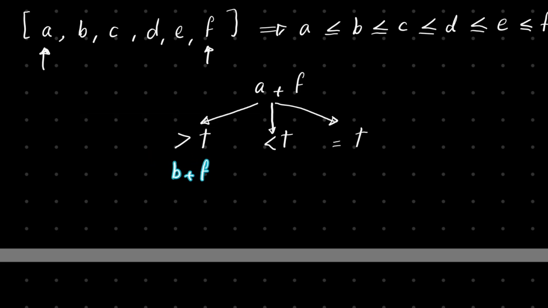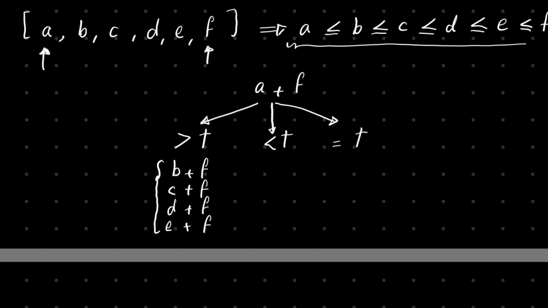C plus F also is going to be larger than T. Also D plus F, and E plus F. So there is no point of doing these computations, because I already know from this inequality that if A plus F is bigger than T, then anything bigger than A, when I add it to F, will be bigger than T. Okay, so this is not needed.